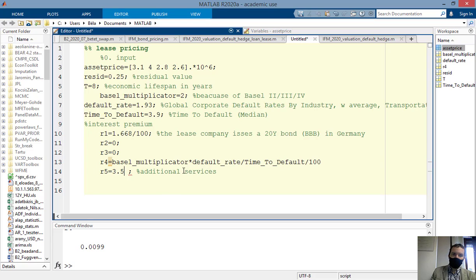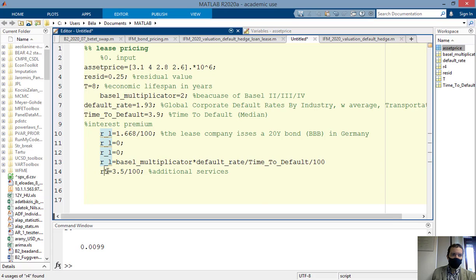Let's say that 3.5 divided by 100. Or maybe we are not, so that would be stupid in this case.